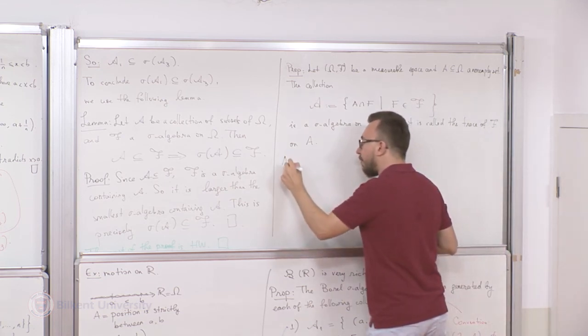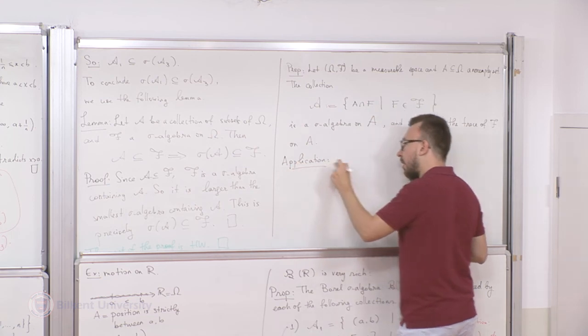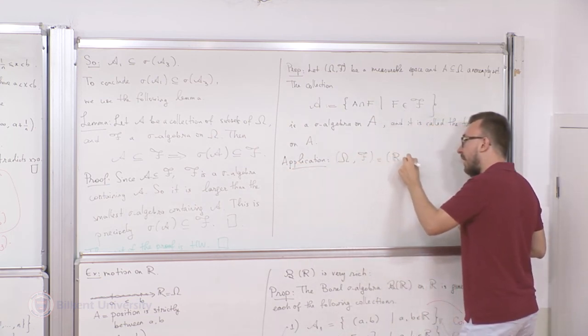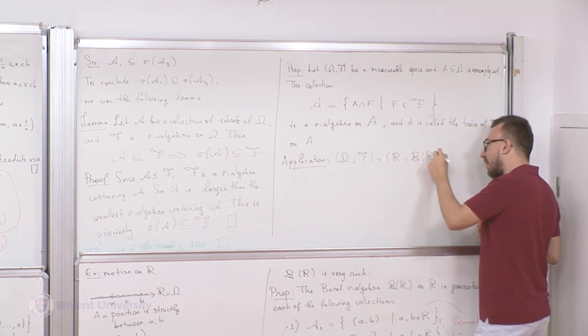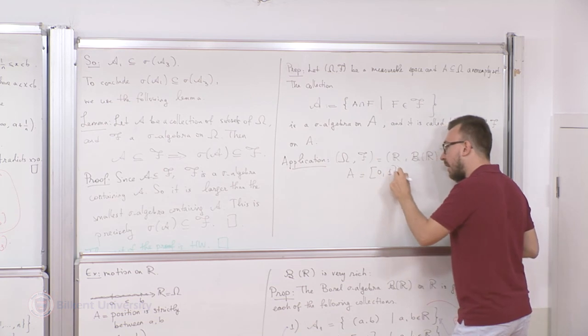So before the proof, here's the application. Take (Ω, F) as the real line with the Borel sigma algebra, and take A to be 0, 1.